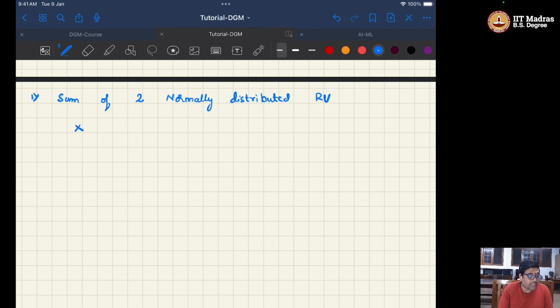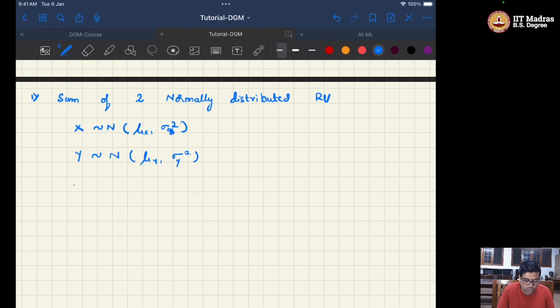Let's say that x is a normally distributed random variable with mean mu x and variance sigma x square, and then you have y, which is normally distributed with mean mu y and variance sigma y square.